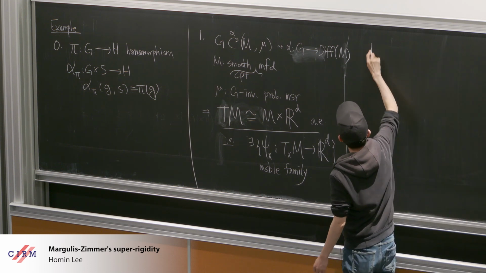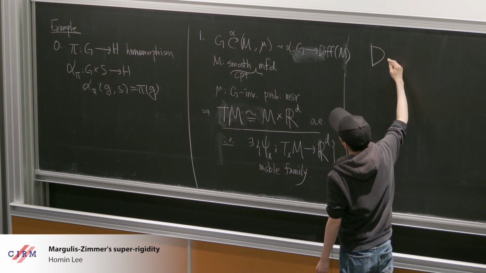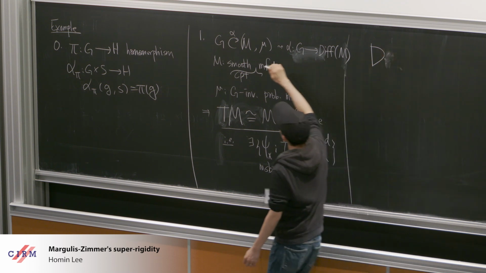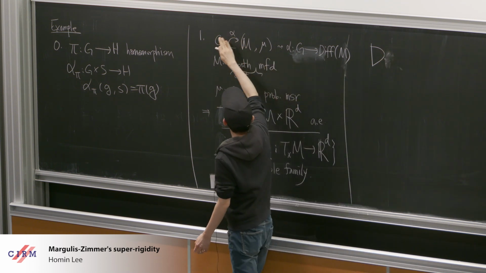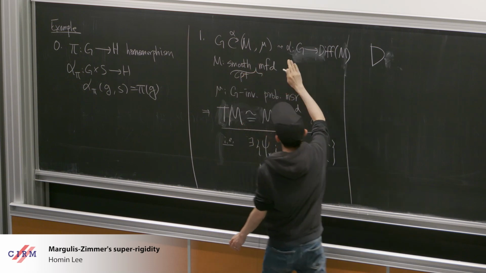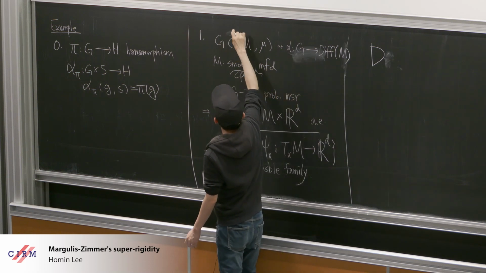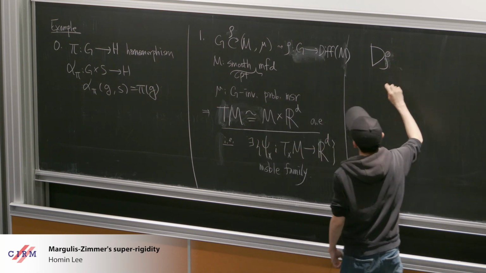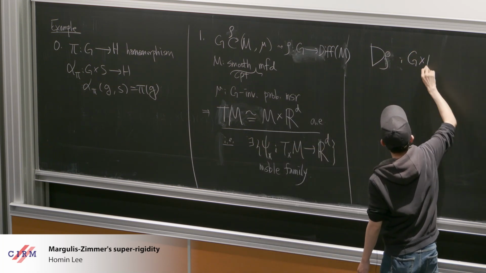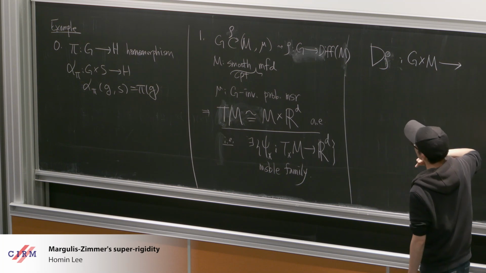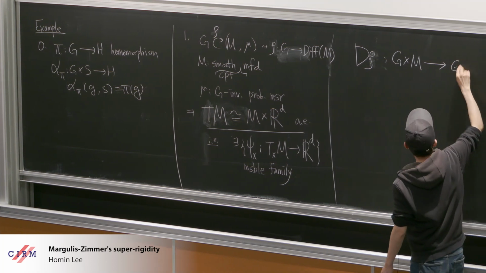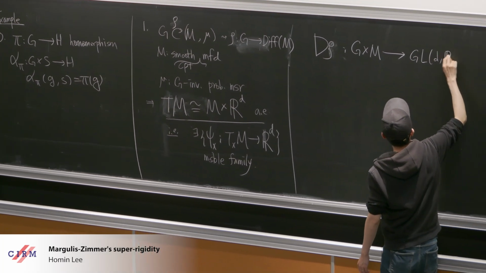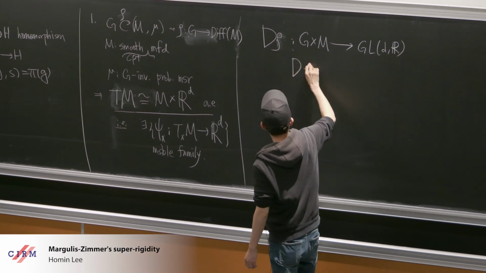Then now I want to consider the cocycle, d alpha. Let's say this is rho. The rho is the cocycle from G times M to GL d R. And how can it be defined?